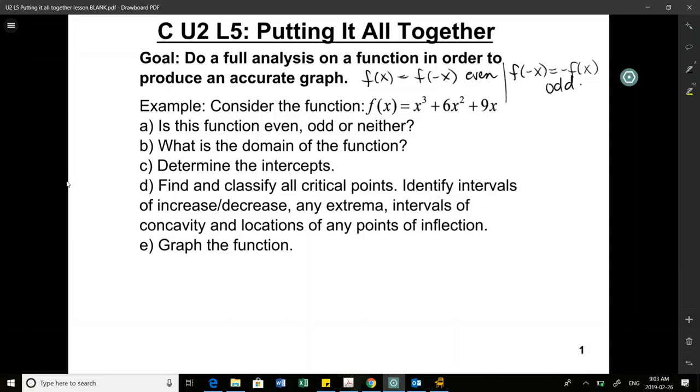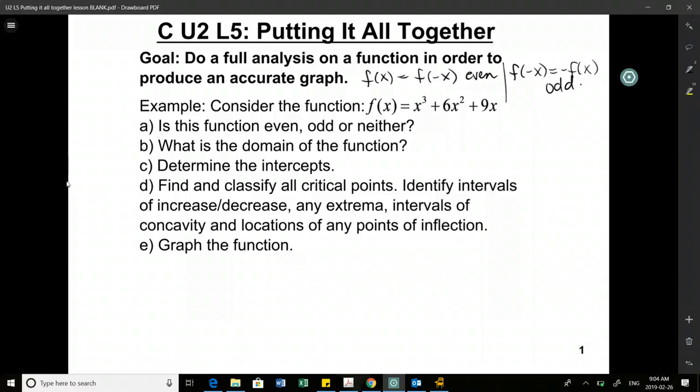Okay, so one quick check. I don't think it's super necessary that we do these substitutions. One little check that you can do just to see if something's even or odd is, does it have all odd exponents? Does it have all even exponents? Or does it have a mixture of both? So this one, we can see it has exponent 3, exponent 2, and exponent 1. So it has a mixture of even and odd exponents.